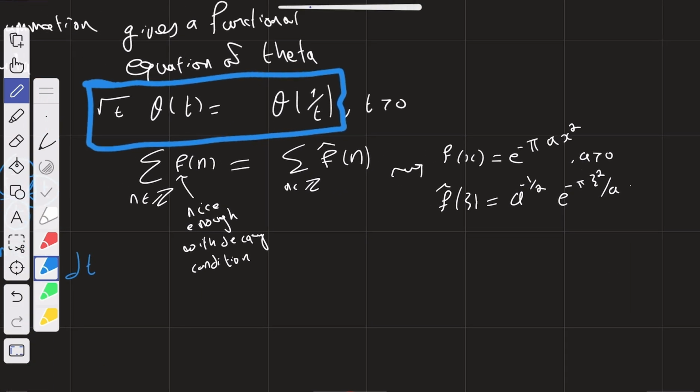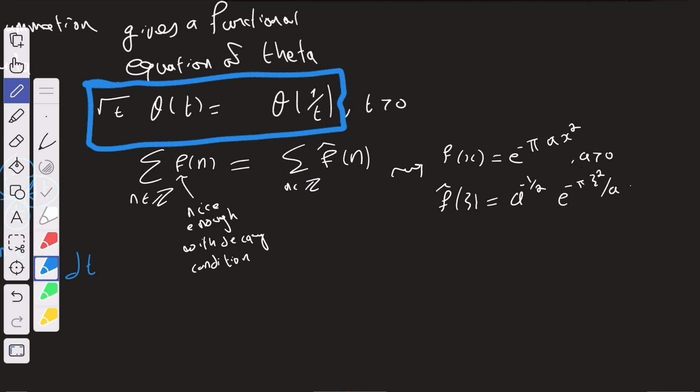Well, I remind you of an elementary theorem in Fourier analysis. If you have a function that is smooth enough, and it has a nice decay at infinity, then if you sum the function over all the integers, it's the same as summing the Fourier transform of that function over the integers.